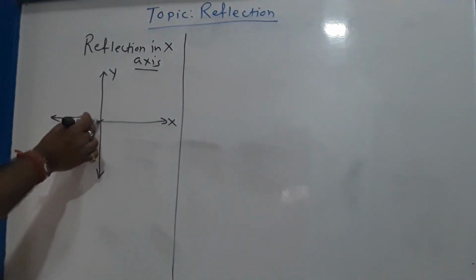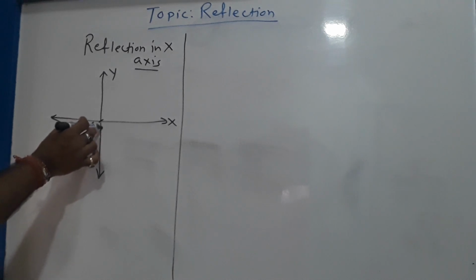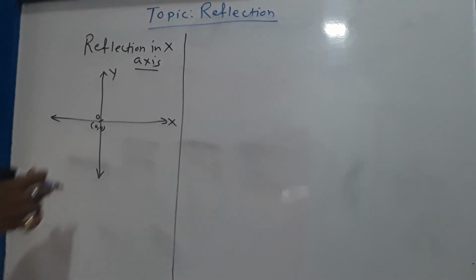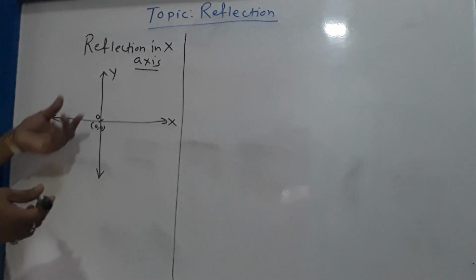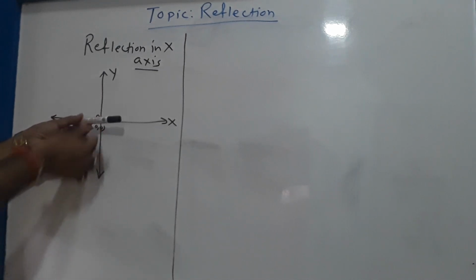Where x-axis and y-axis meet, that is my origin 0, 0. So when we take reflection of a point in x-axis, then x-axis is fixed.